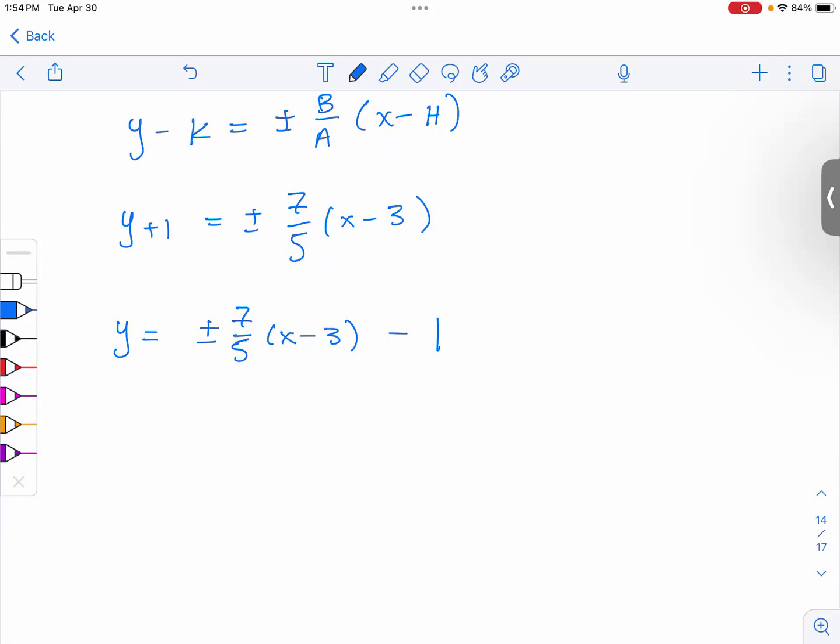I could work that through and find the equations, but the point is that these are the asymptotes. We have two lines with slope positive 7/5 and negative 7/5 plus and minus a value, which we wouldn't be able to see perfectly anyway.